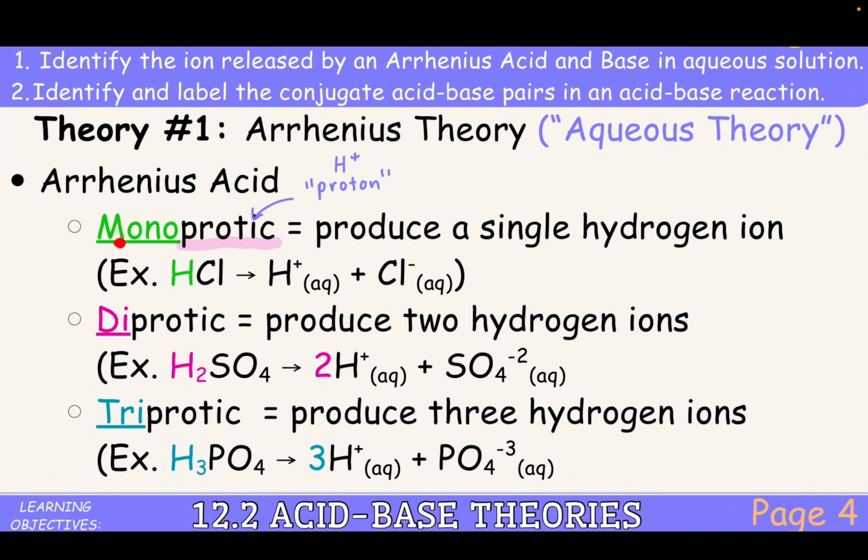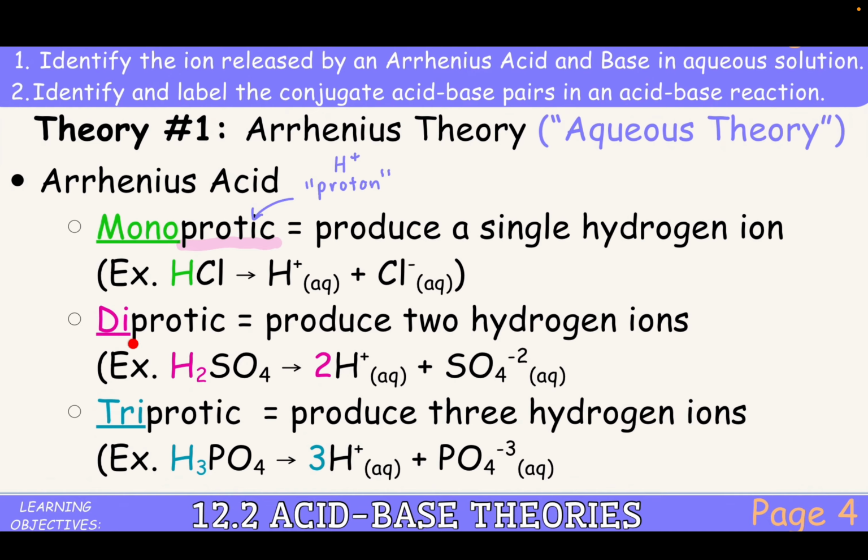An Arrhenius acid that is considered monoprotic produces a single hydrogen ion when it is dissolved in solution. For example, that first one, HCl, has only 1 hydrogen ion. When this HCl is dissolved in water, it's going to split up into just 1 proton and then whatever that anion is, in this case just our chloride ion.